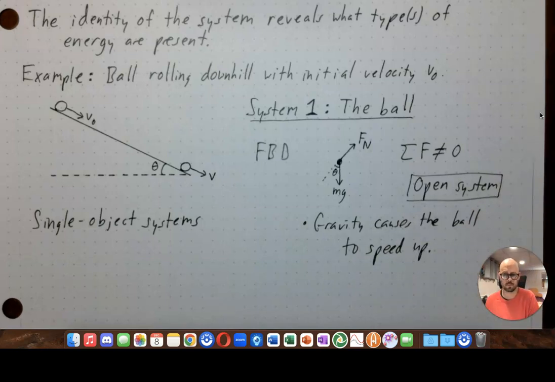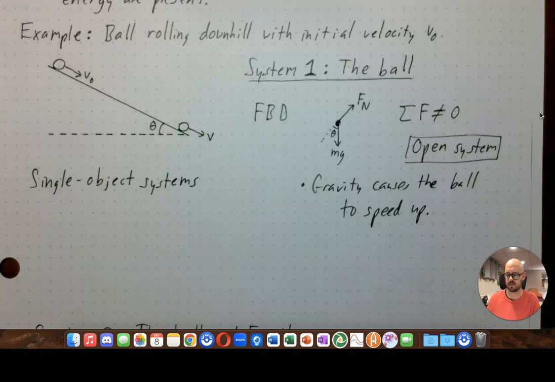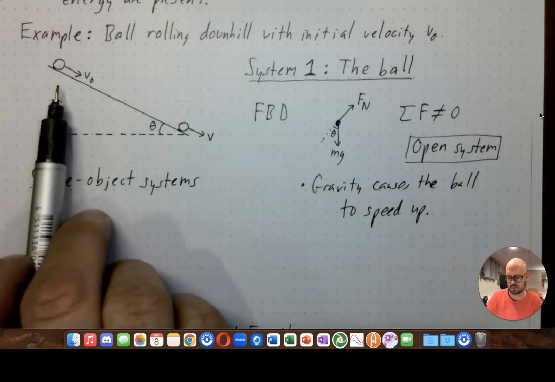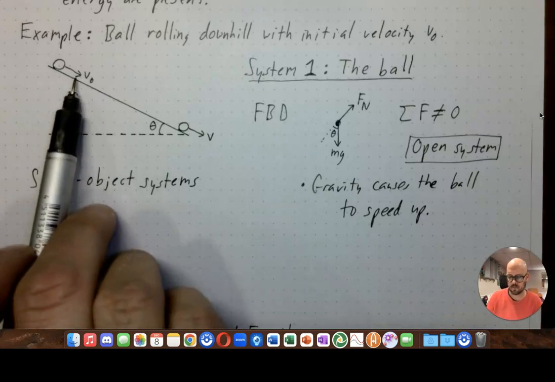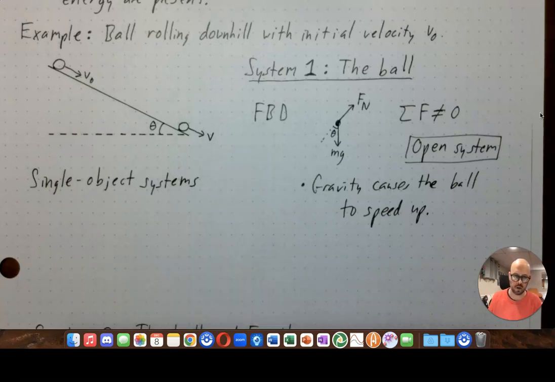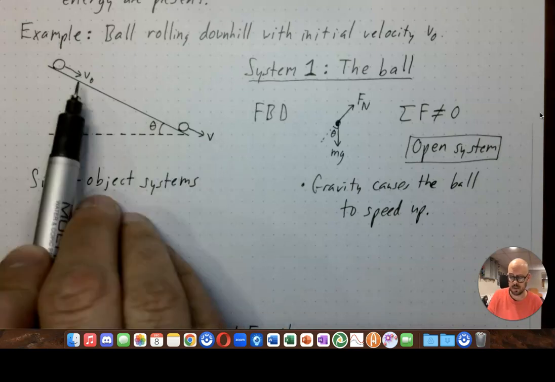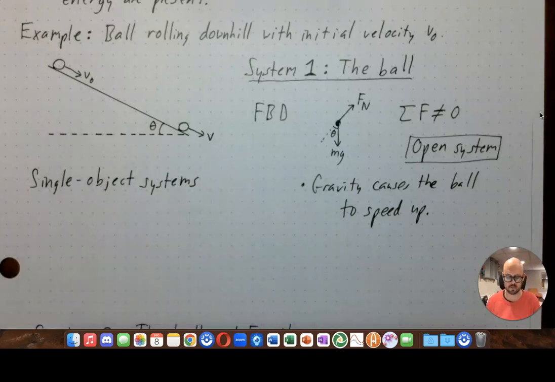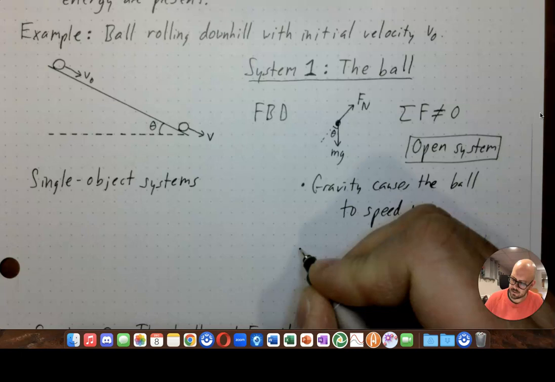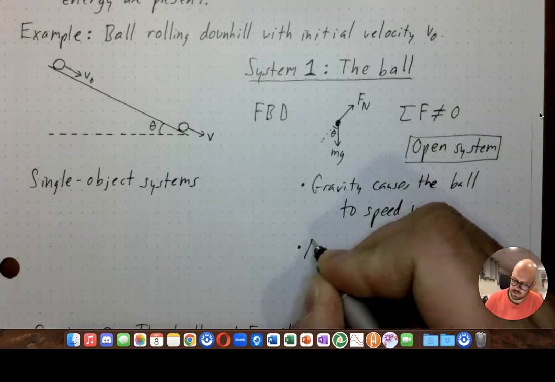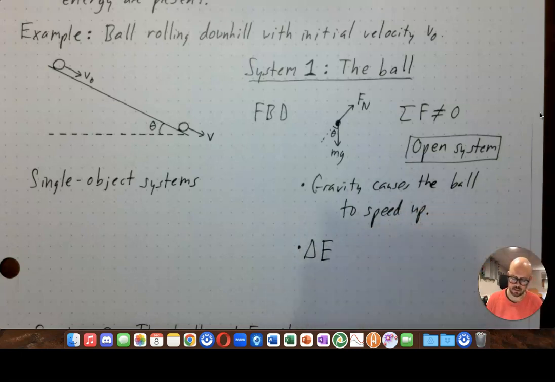And that's, from the forces perspective, what happens. Now, if I look at this situation here, I have v naught and v, and what I know about inclined planes is what I said. The value of v is going to be greater than v naught. This system is open, and so there is going to be a change in energy.